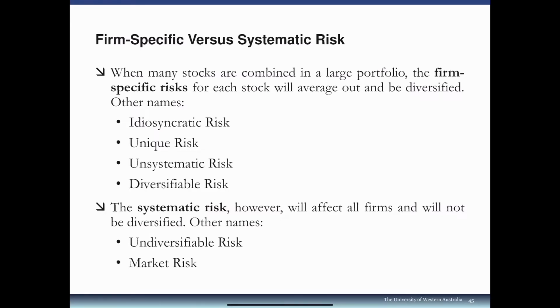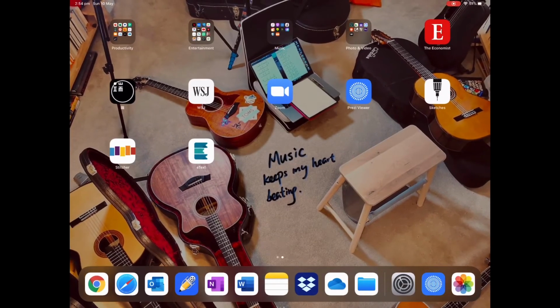Just to show you the overall picture: here we have total risk that can be decomposed into two components. The first one is firm-specific risk. The second one is systematic risk.